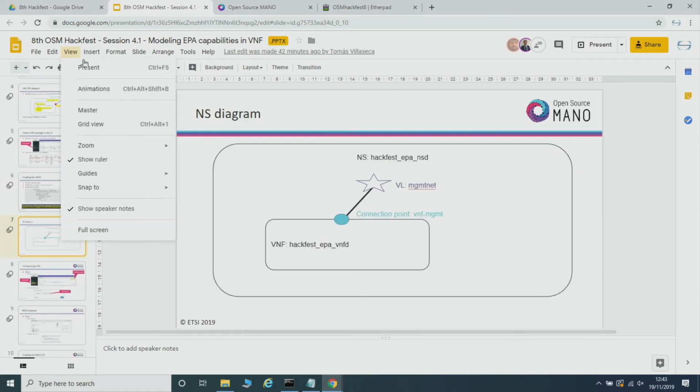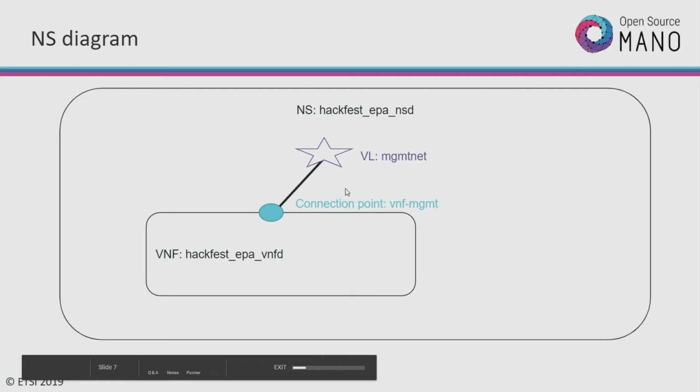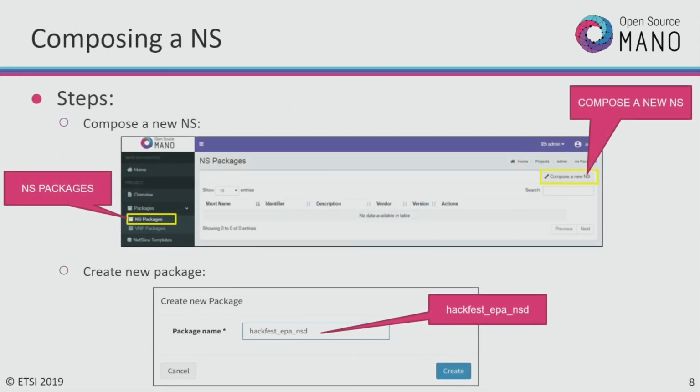So now about the network service. This might be faster if you already know how to compose, like in the previous session where you composed a VNF. You can compose the network service.